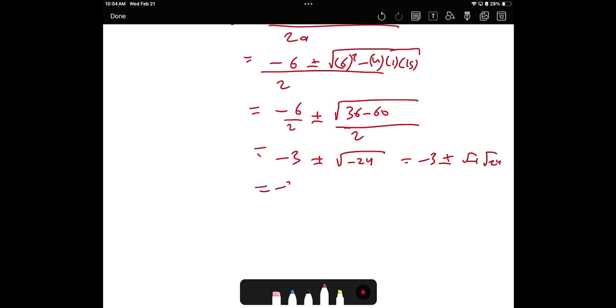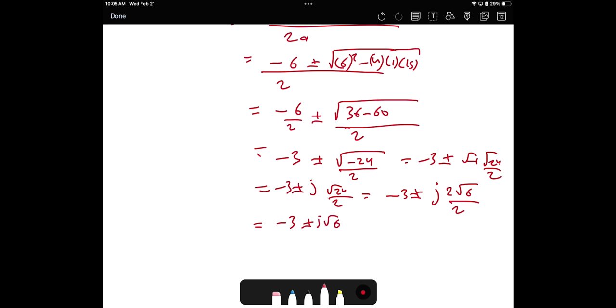In other words, it will be negative 3 plus or minus j, because the square root of negative 1 is j, and here the square root of 24 divided by 2, which is 2 square root of 6 divided by 2. Then the 2s cancel each other, so the answer will be negative 3 plus or minus j square root of 6.